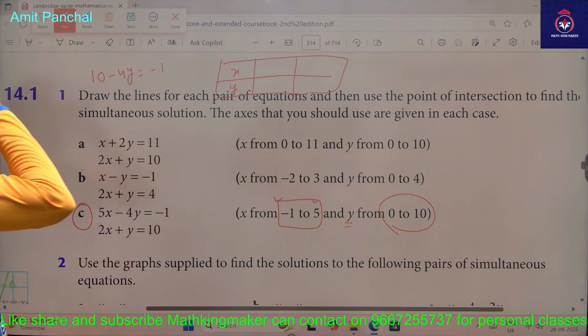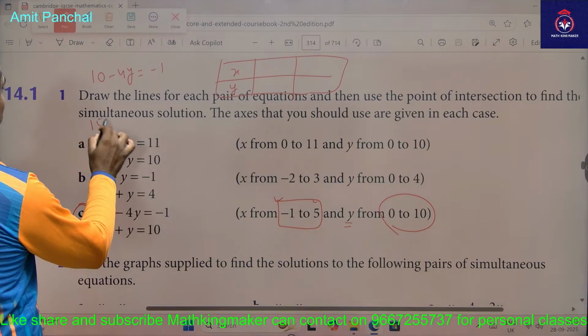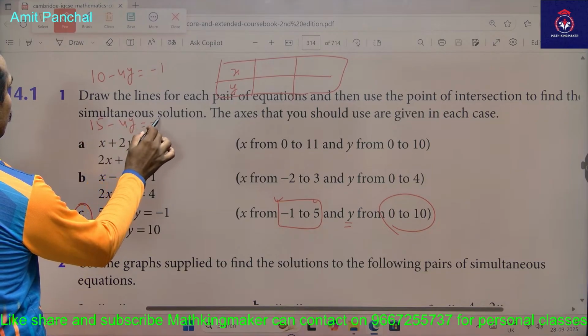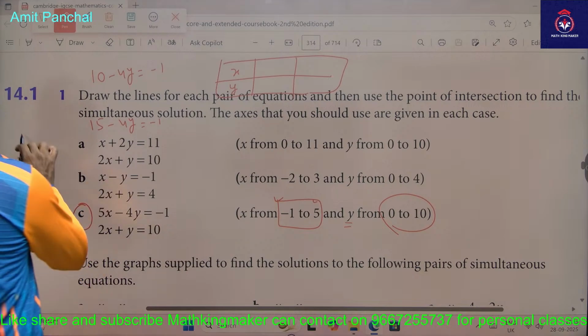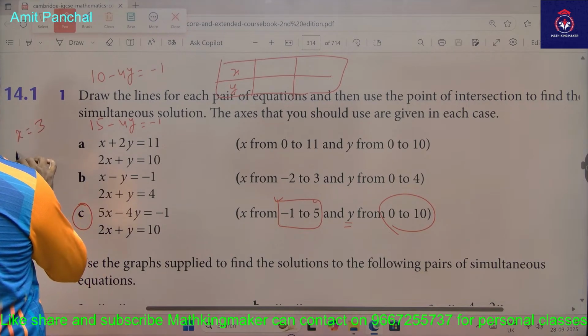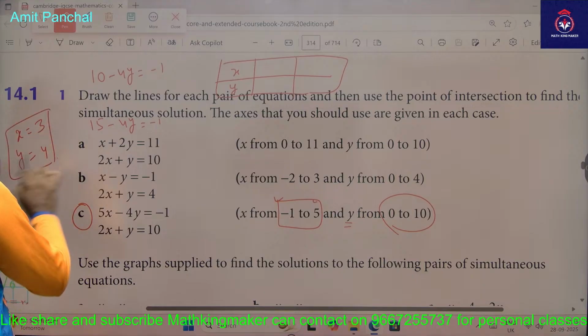That will also not work. If x is 3, that means 15 minus 4y equals -1. I think that will work. So if x is 3, then y will be 4, since 15 minus 16 is -1.